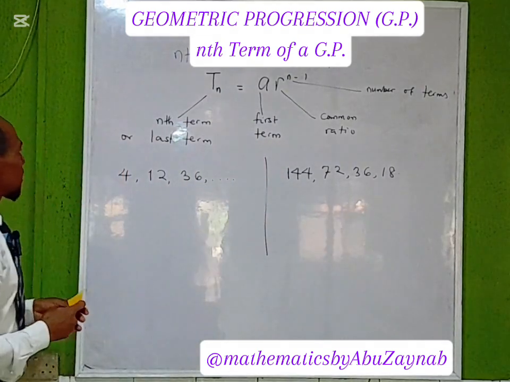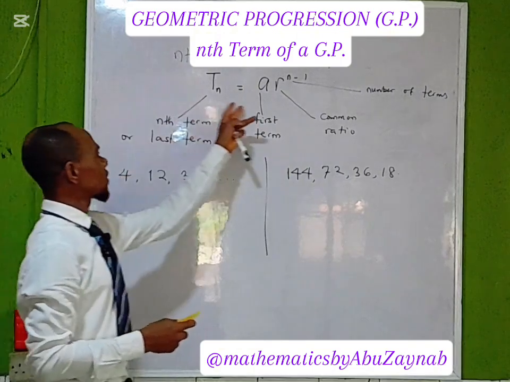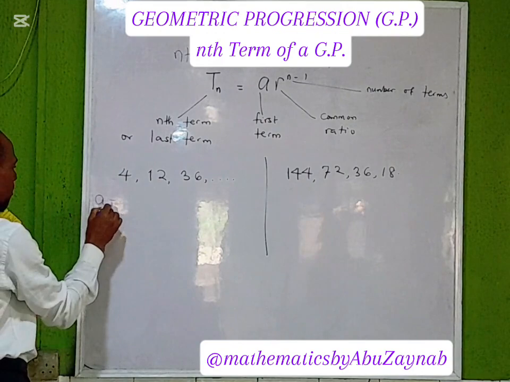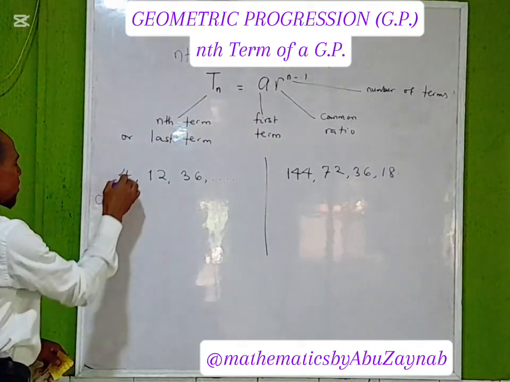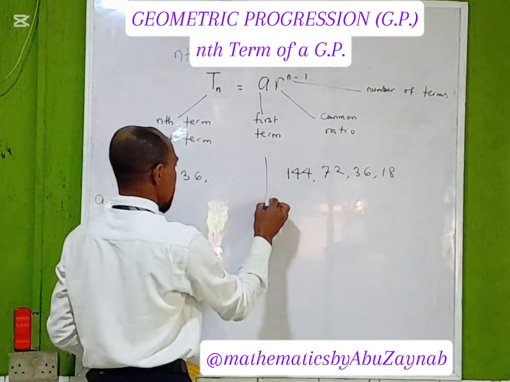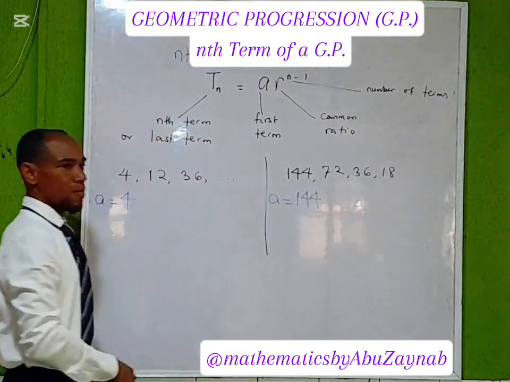So let's look at these two classic examples of GP and use them to explain the concept of the parameters. So to start with, A, as we said, is the first term. So the first term here is 4. And A here is also the first term, which is 144.